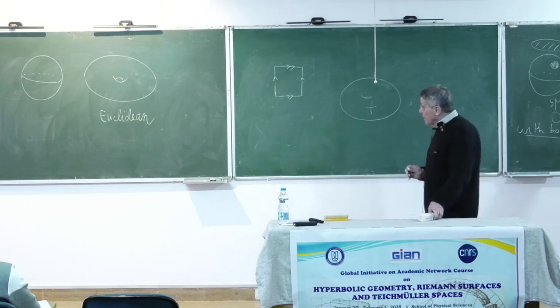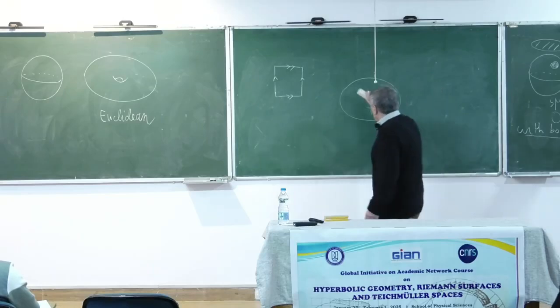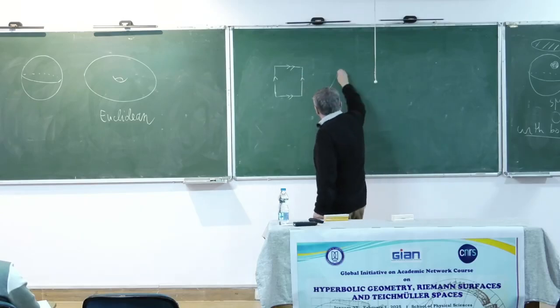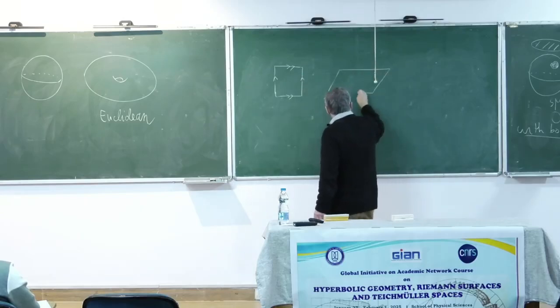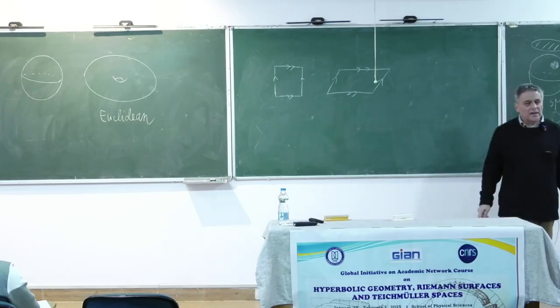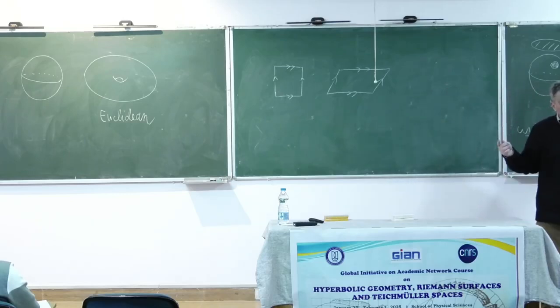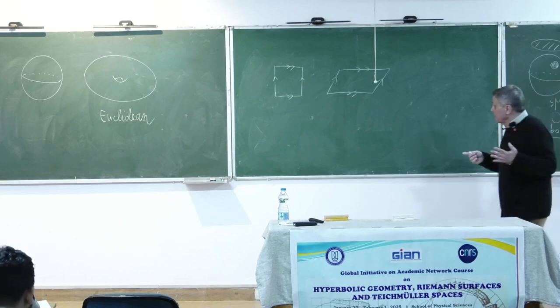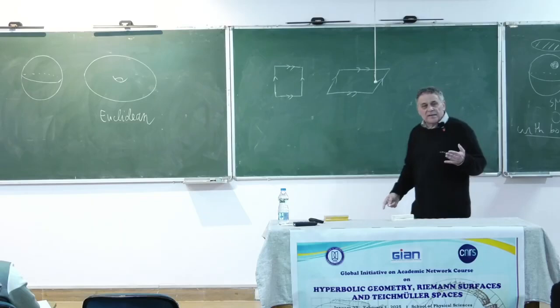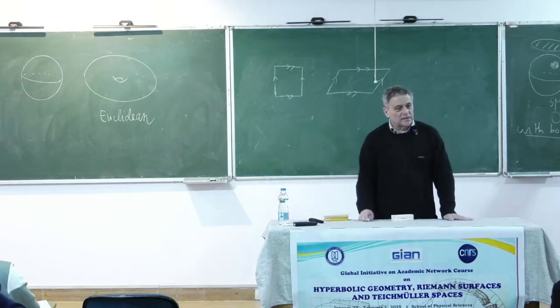So just one more remark about this. If instead of gluing this, I glue a parallelogram, I do the same gluing, but on a parallelogram like this, I can think about the surface which I get. The two are homeomorphic, but are they always isometric? The metric is different.